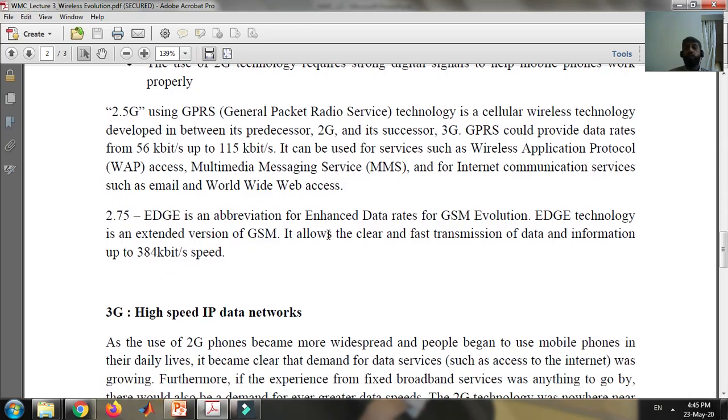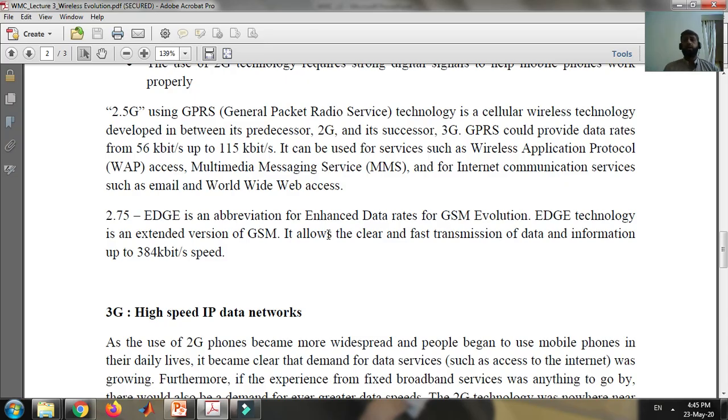There were new technologies that were introduced to increase the data rate provided by those cellular systems. First was GPRS, or General Packet Radio Services, which is typically named as 2.5G.